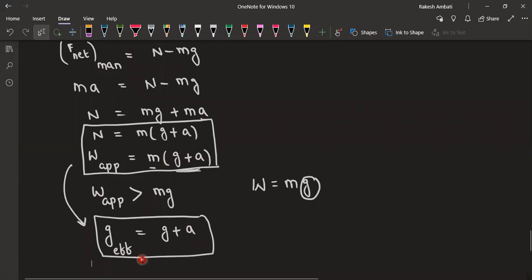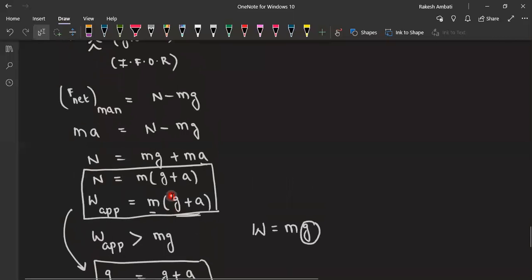In all remaining chapters, in fluid dynamics and in simple harmonic motion, we follow this condition. In those cases, there is no need to derive the formula. If the lift is moving upwards, straight away we take the effective gravity as g plus a. Is the derivation clear?